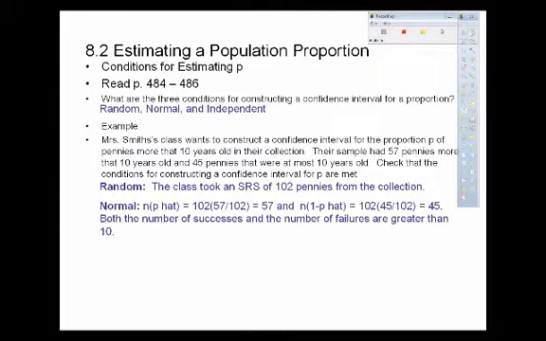So 102 times 57 over 102 is 57. And n times 1 minus p hat is 102 times 45 divided by 102, which is 45. Well, both the number of successes and the number of failures are greater than 10. So it is normal.